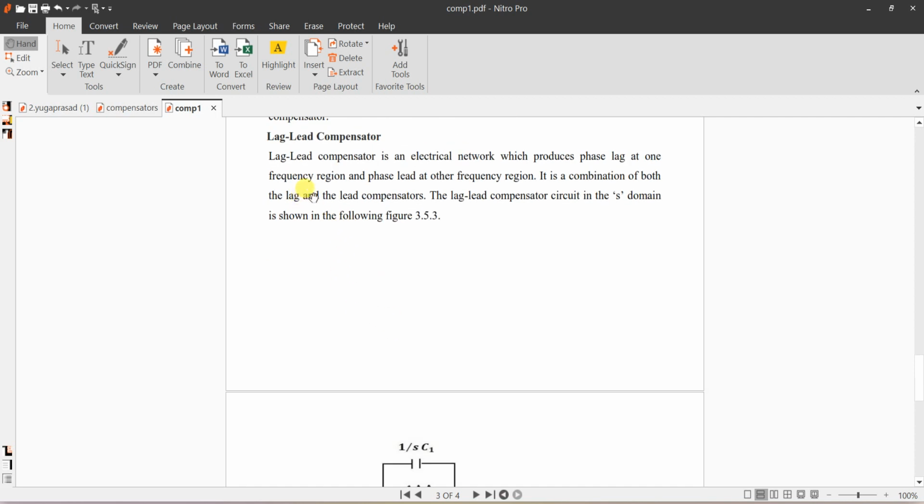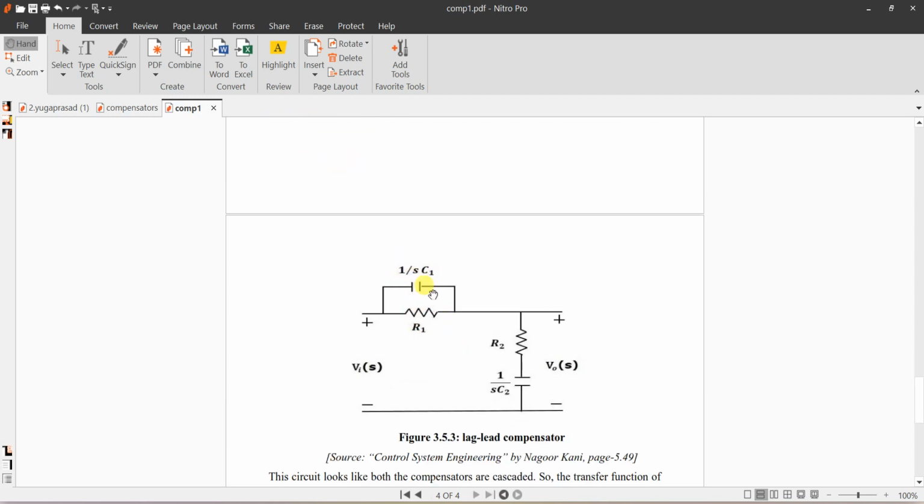So now we'll go to the actual lag lead compensator, which is in your syllabus and which you have to simulate. The lag lead compensator circuit mixes both the lag and lead compensator networks. That is, you connect one capacitor in parallel with R1 and a capacitor in series with R2.